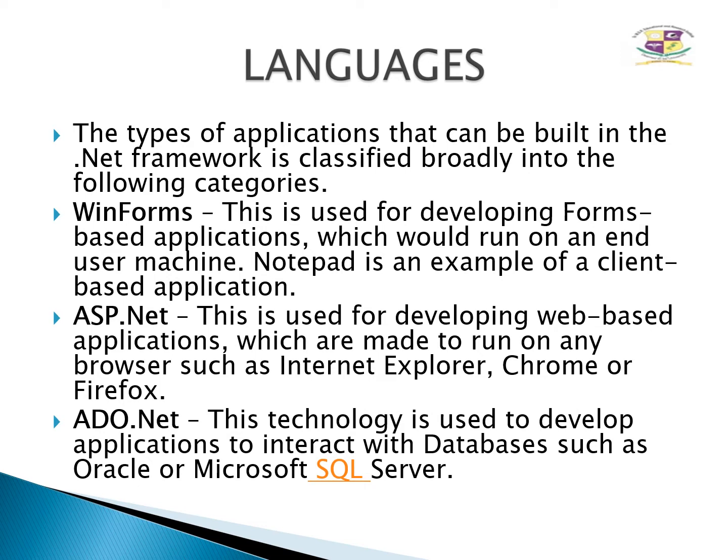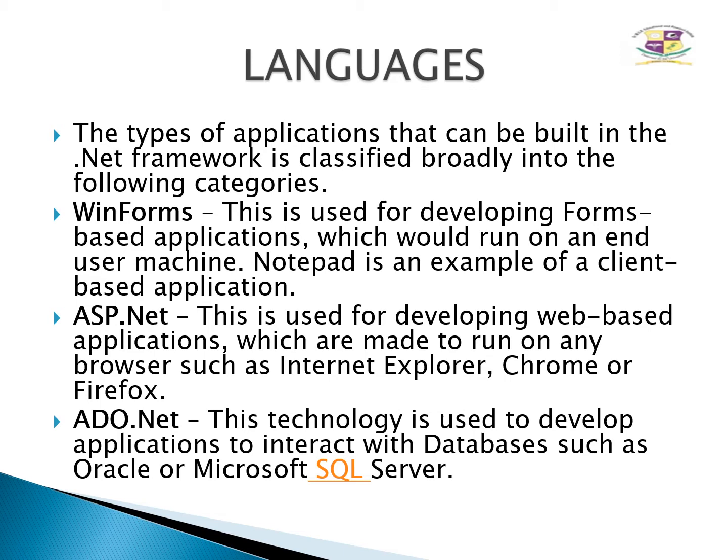There are various types of applications that can be built in the .NET Framework, which are broadly classified into the following categories. They are WinForm, ASP.NET, and ADO.NET. WinForms is used to develop form-based applications which would run on end-user machines.